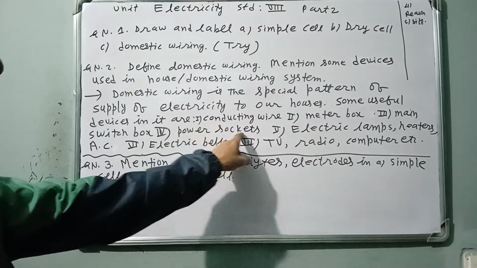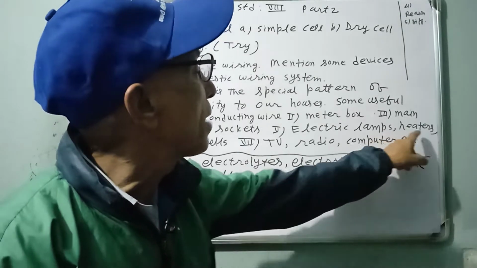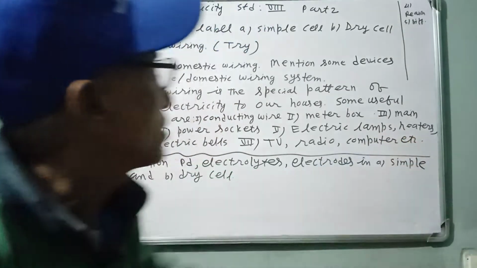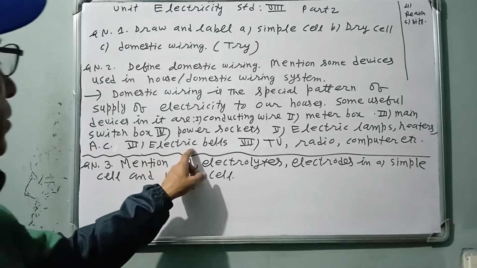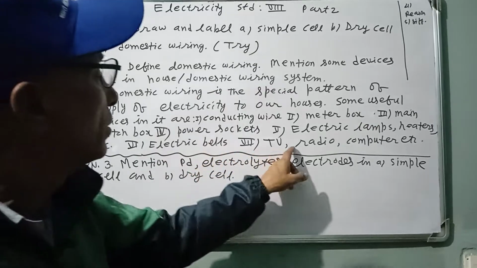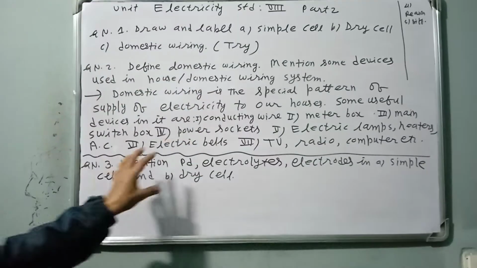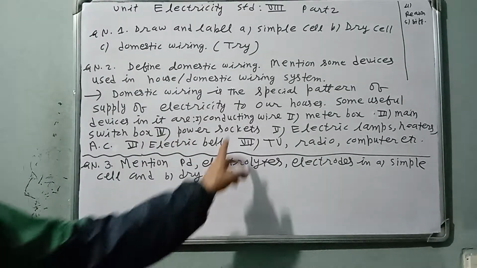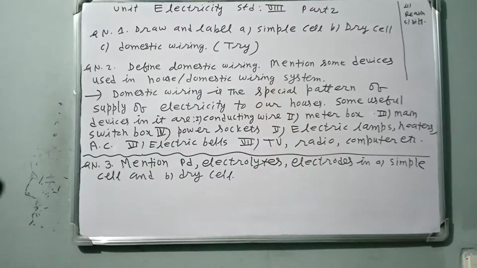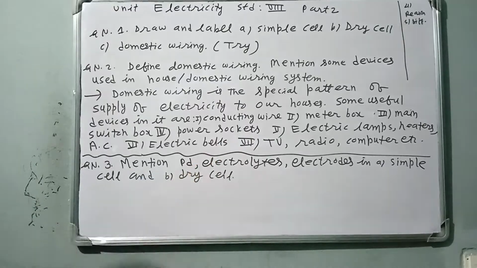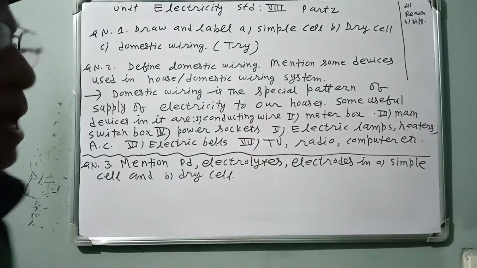And power sockets, electric lamps, CFL, bulbs, fluorescent lamp, filament lamp, etc. Heaters, ovens, AC, air cooler or air conditioner, electric bells, sound box, television, radio, computers, laptop, etc. These instruments are used in the house wiring system. After the house wiring is finished, you can use different items. In the modern age, these instruments are very useful.